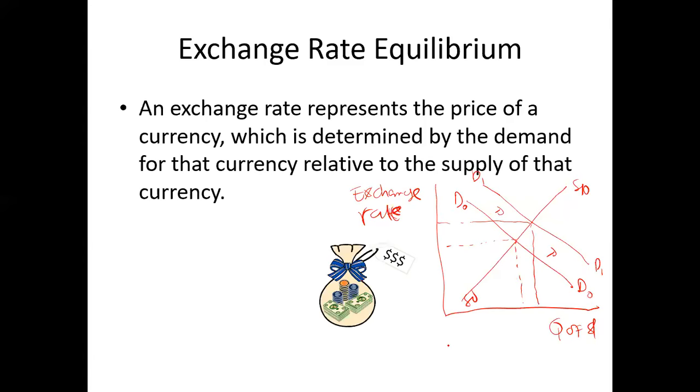Maybe because they want to import, or for whatever reason. So when people demand more of the dollar, holding supply constant, the price is going to rise. So essentially, what I want you to know is that the exchange rate is determined basically by the demand and supply of the foreign currency.